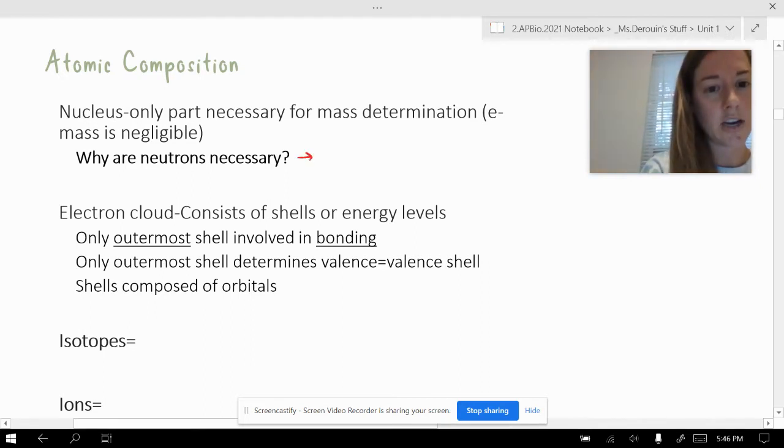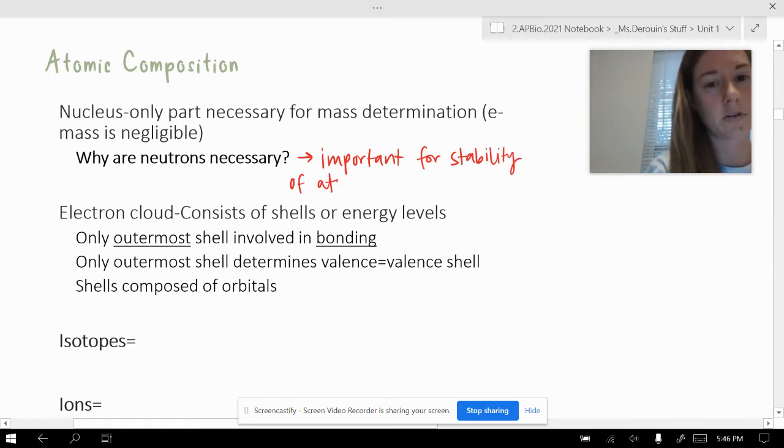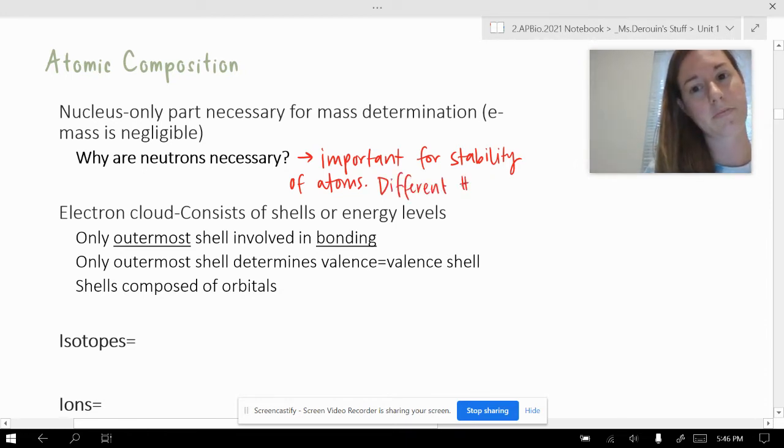So, neutrons are important for stability of atoms. A different number can lead to radioactive decay.